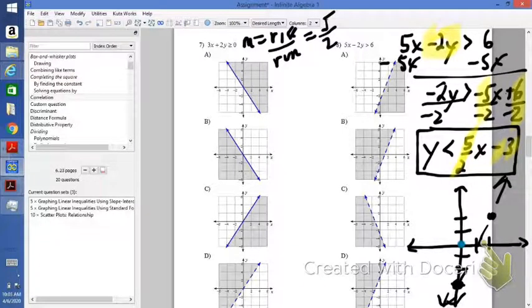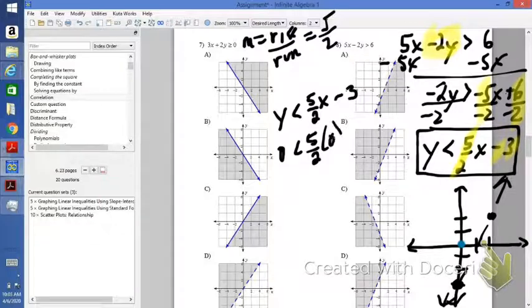Now I'm going to plug in 0, 0. So y less than 5/2 x minus 3. So 0 less than 5/2 times 0 minus 3. So 0 less than -3.